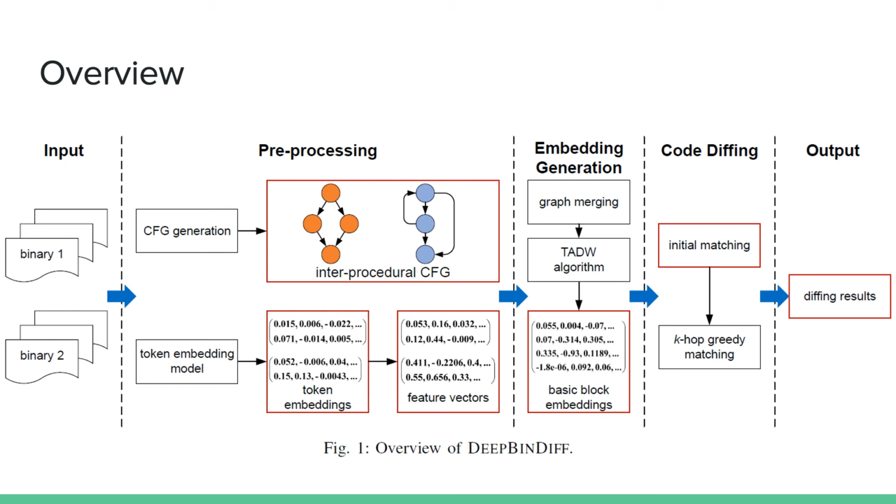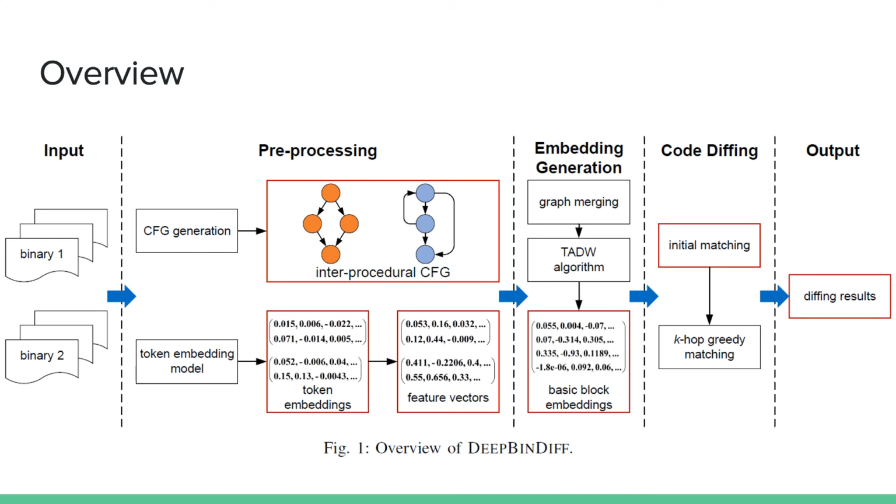After they get the token embeddings for each operand and each opcode, they combine them into a stream of instructions and treat that as a sentence. And then they use NLP-like algorithms to figure out what's what.